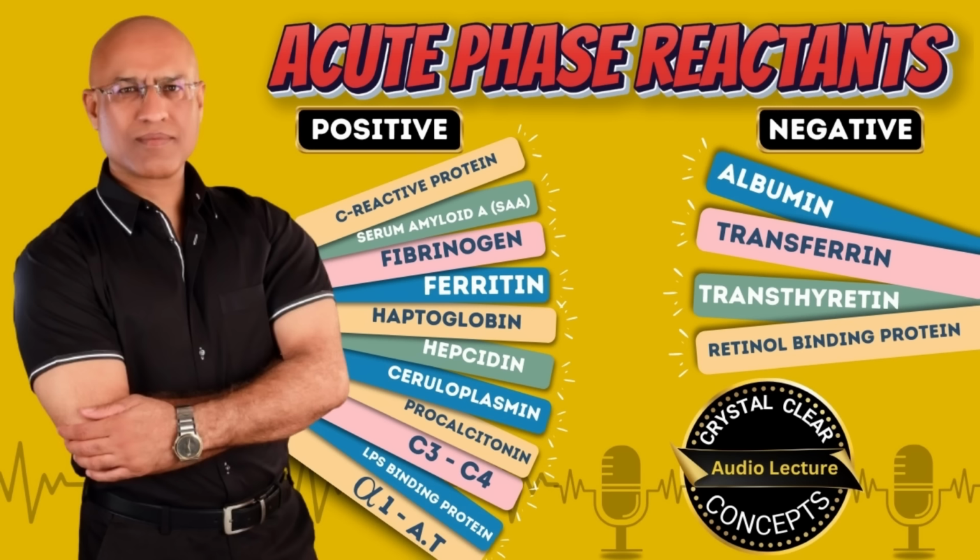Hepcidin is destroying the ferroportin on the gastrointestinal system, duodenal mucosal cells, basolateral side, and hepcidin is destroying ferroportins on macrophages. So we cannot get new iron, we cannot mobilize the stored iron, levels in the blood go down, and that will result in less iron for pathogens.